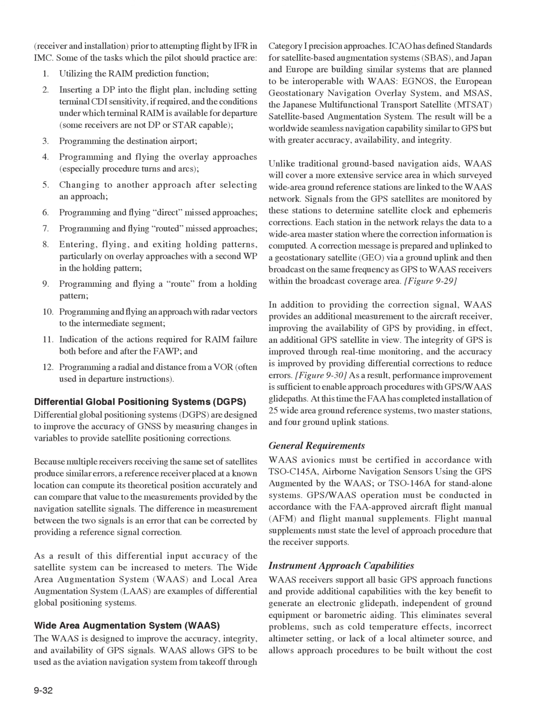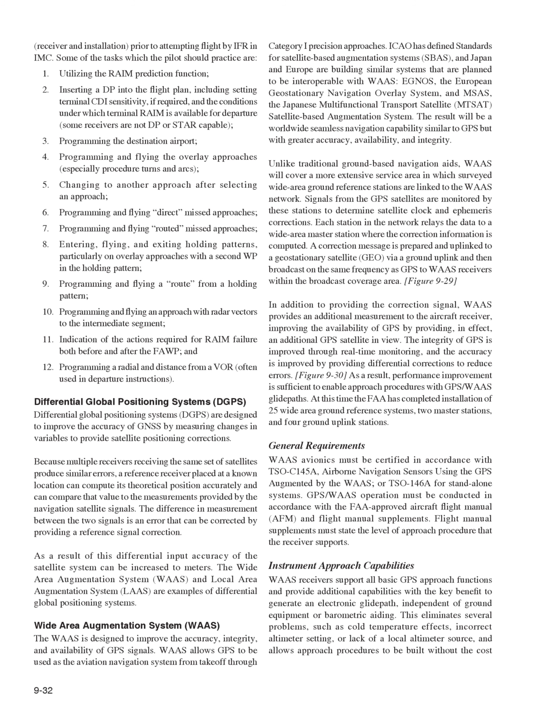ICAO has defined standards for satellite-based augmentation systems, SBAS, and Japan and Europe are building similar systems that are planned to be interoperable with WAAS: EGNOS, the European Geostationary Navigation Overlay System, and MSAS, the Japanese Multifunctional Transport Satellite, MTSAT, satellite-based augmentation system. The result will be a worldwide seamless navigation capability similar to GPS but with greater accuracy, availability, and integrity.